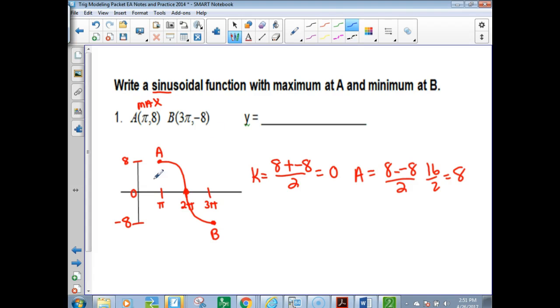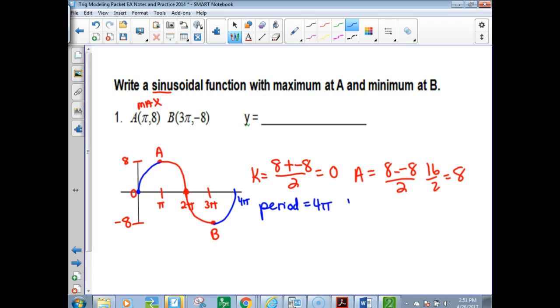So if I wanted to continue one full cycle, I would back it up to the 0. I'm only changing color to show you that what they actually gave us were these 2 points. And where will we be ending? At 4 pi. All right, so now we've determined what our period is. The period is 4 pi.